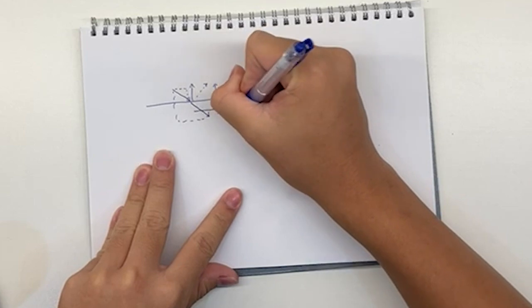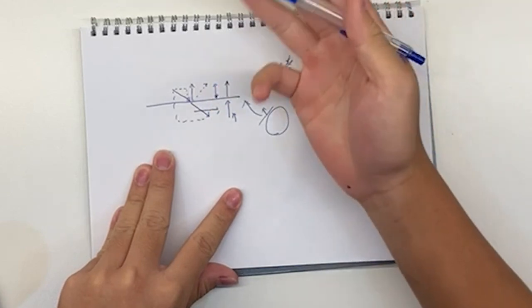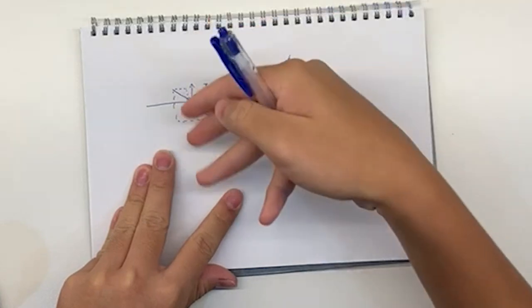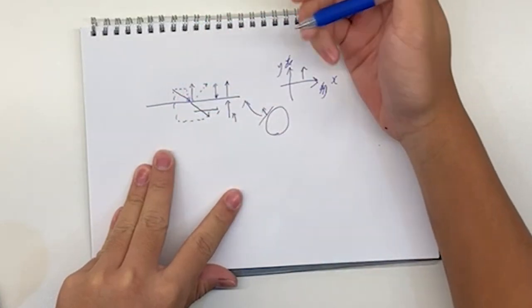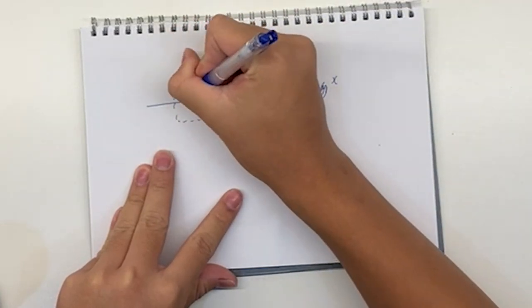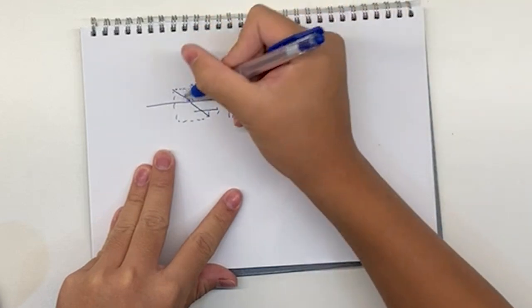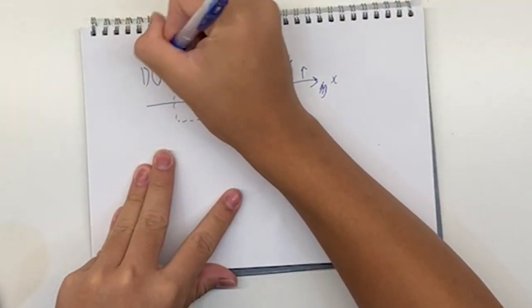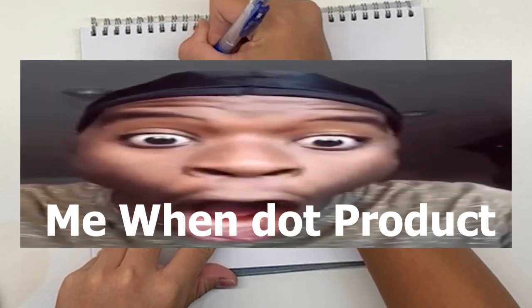This vector right here is, more accurately, just the normal vector times some coefficient to make it a bit shorter. And the coefficient would be the cosine between this and this. And what's the cosine? It's the dot product. Whoa.